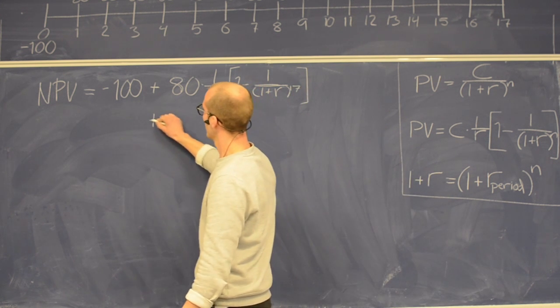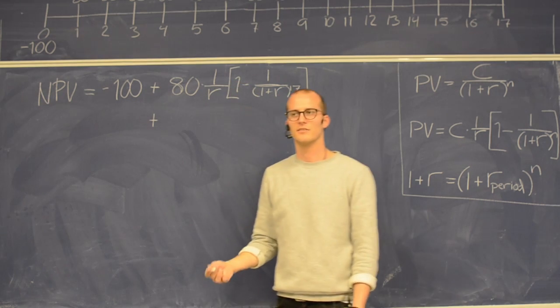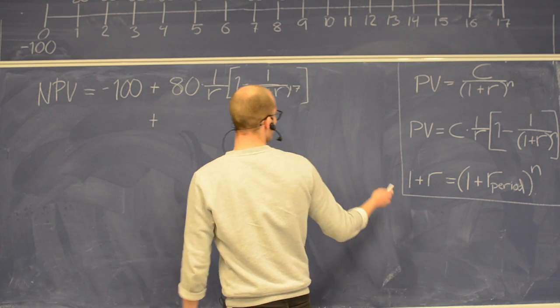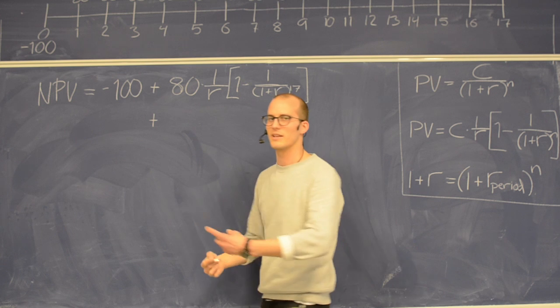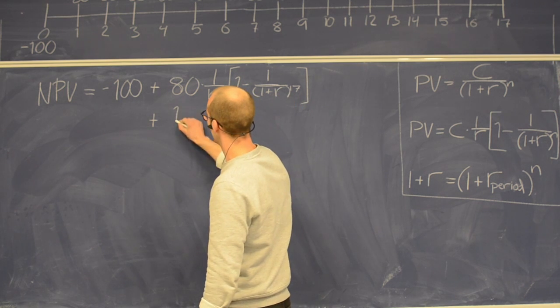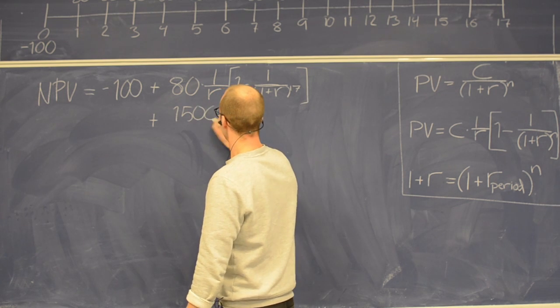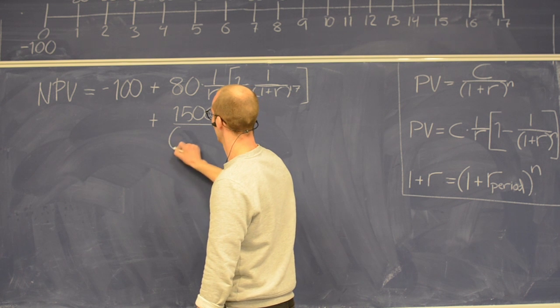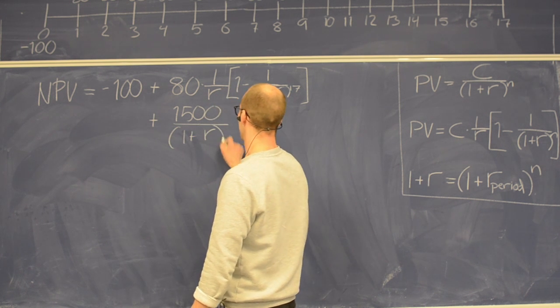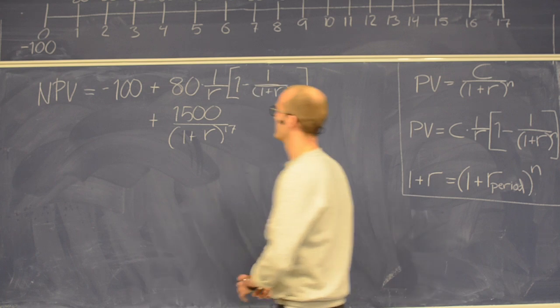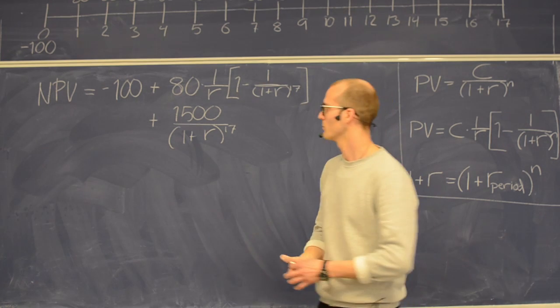And the money we get when we sell it after 17 years. Then we use this formula since it's only one cash flow: 1500 divided by 1 plus r raised to 17, since it's 17 years until we sell it.